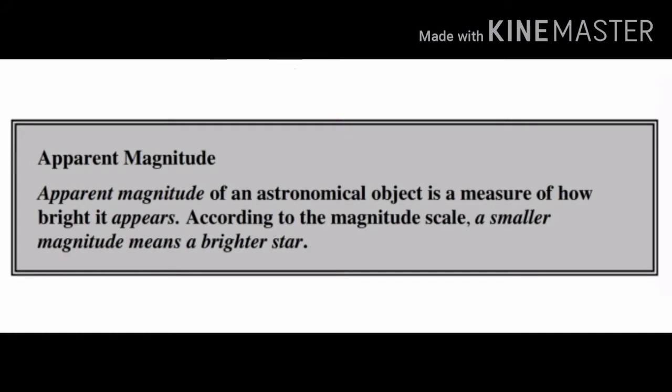Thus, apparent magnitude of an astronomical object is a measure of how bright it appears. According to the magnitude scale, a smaller magnitude means a brighter star. Apparent magnitude is denoted by small m.